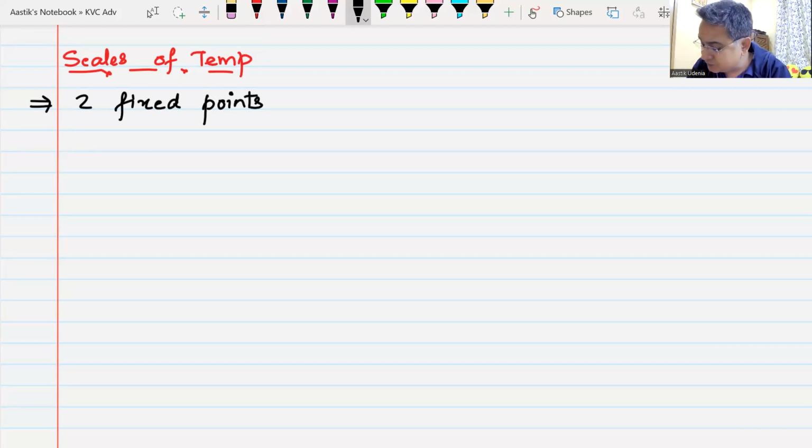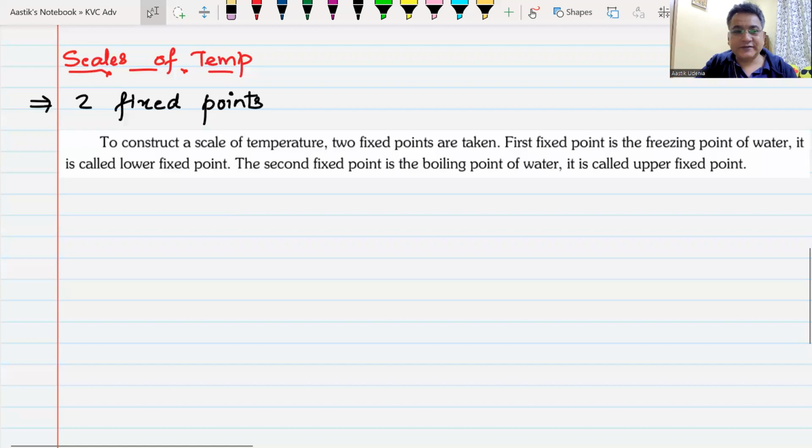And what are those two fixed points? Lower freezing point and upper freezing point. Upper melting point, lower freezing point.